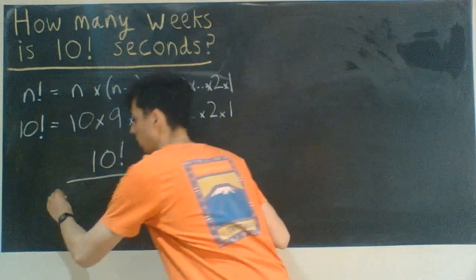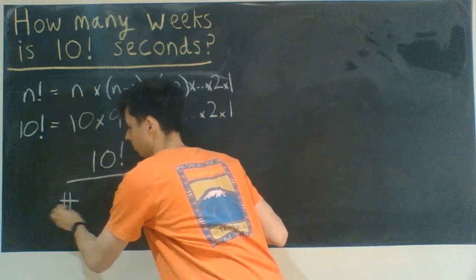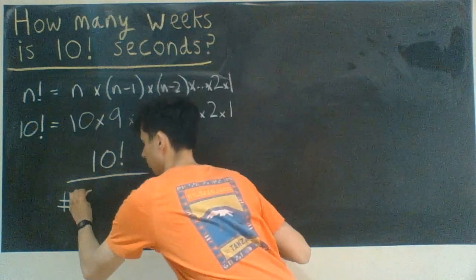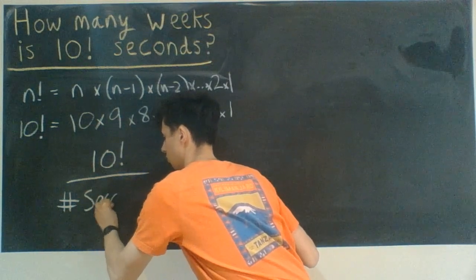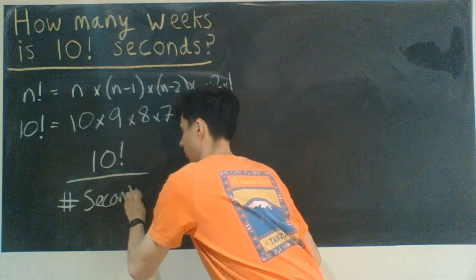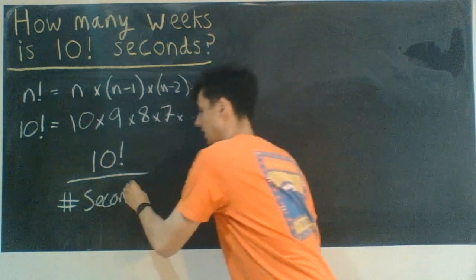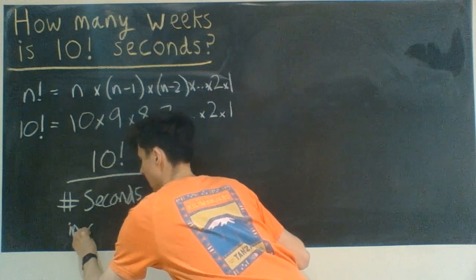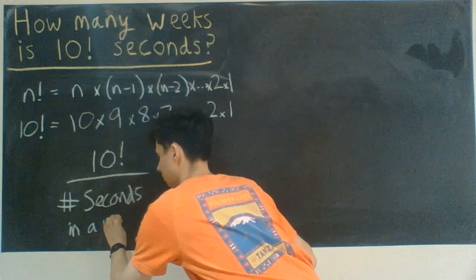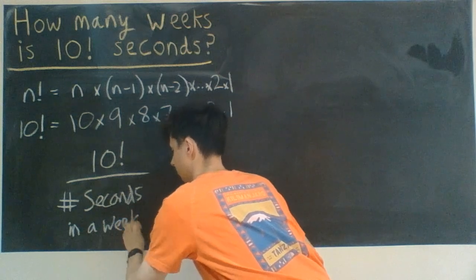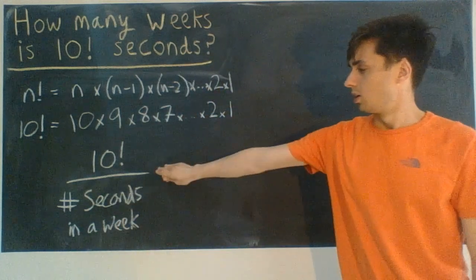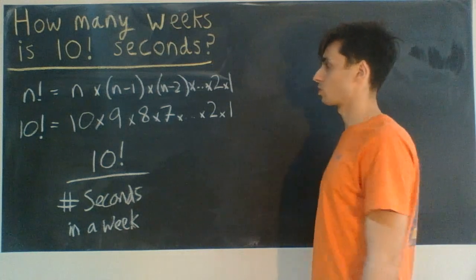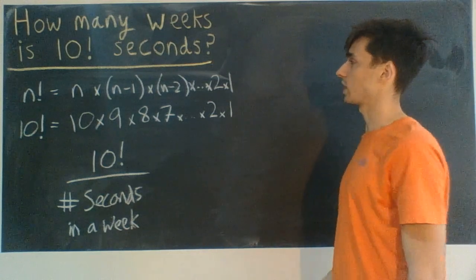We want the number, I'm going to use that hashtag to mean the number of seconds per week, or in each week. This is exactly what our answer needs to look like: 10 factorial divided by the number of seconds in a week.